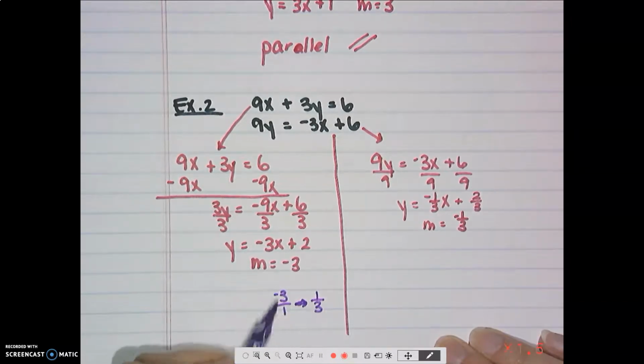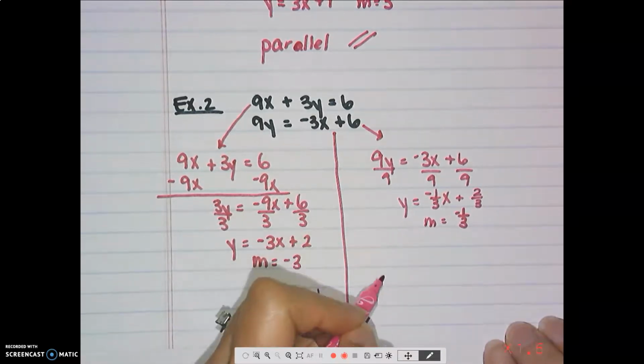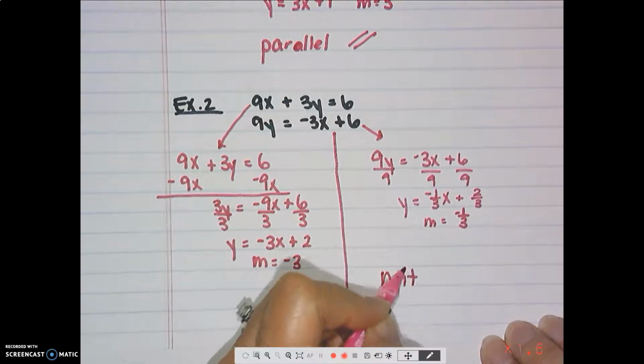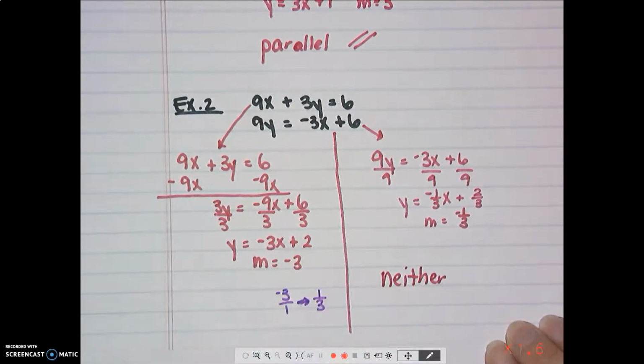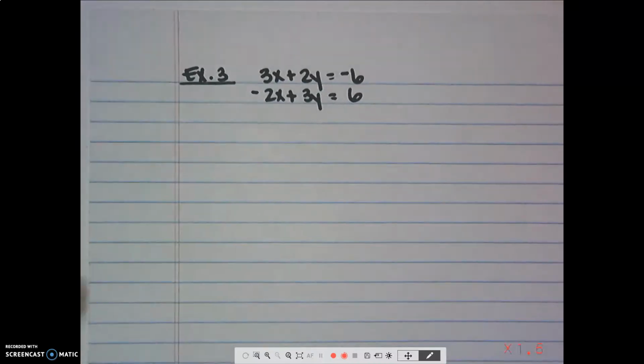So for negative 3 to be perpendicular, the other one would have to have a slope of 1/3. Do we have positive 1/3? We don't have that here, which means neither would be our answer. We know they're not parallel because they're not the same. We know they're not perpendicular because it's not opposite reciprocals. They are reciprocals of each other, but they're not opposites. Okay? So let's take a look at one more here.